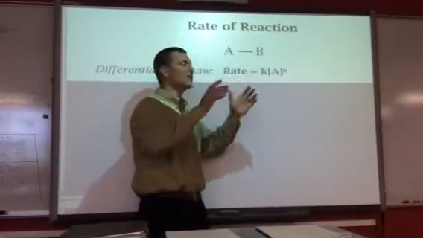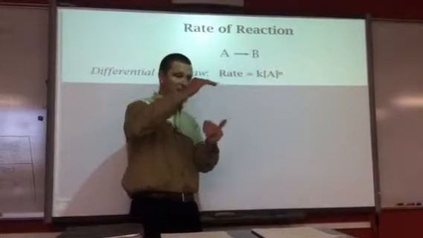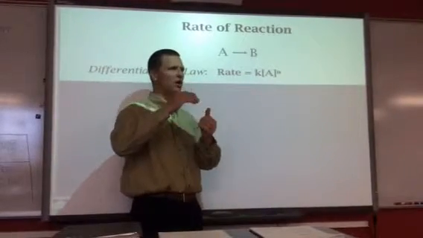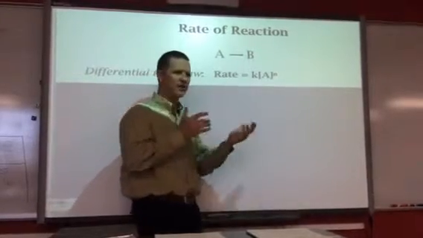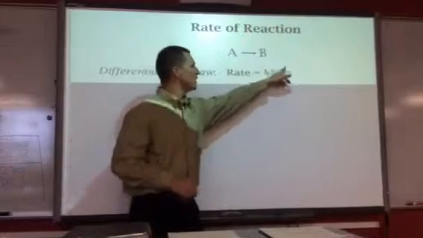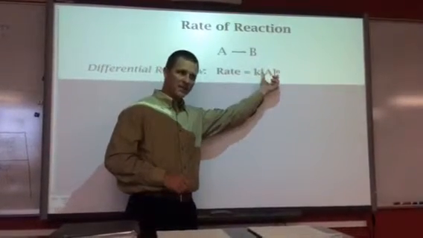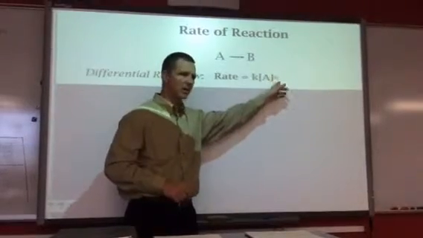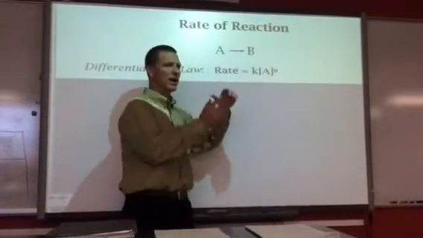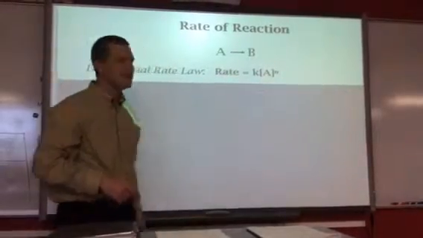Okay, so the differential rate law, no matter what order it is, it's going to have this form. I will tell you that the differential rate law is pretty easy. It's not difficult at all. The problems are longer, they're presented longer, but the way that you use the data is very simple. Rate equals the rate constant times the concentration of the reactant to some power. Now you've seen this already. I was deriving those integrated rate laws with this, right?